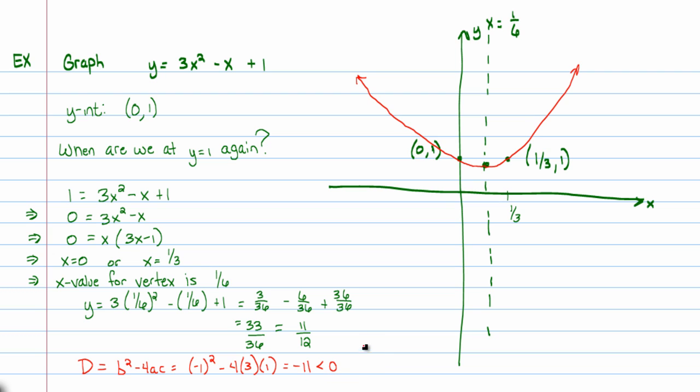So I know that when I let y equal 0 to find the x-intercepts, I'm going to solve an equation where the discriminant is negative, which means that what's underneath my square root in the quadratic formula is going to be negative. Or in other words, I don't have a real number solution. I just have two complex number solutions, which don't exist on the x-axis.